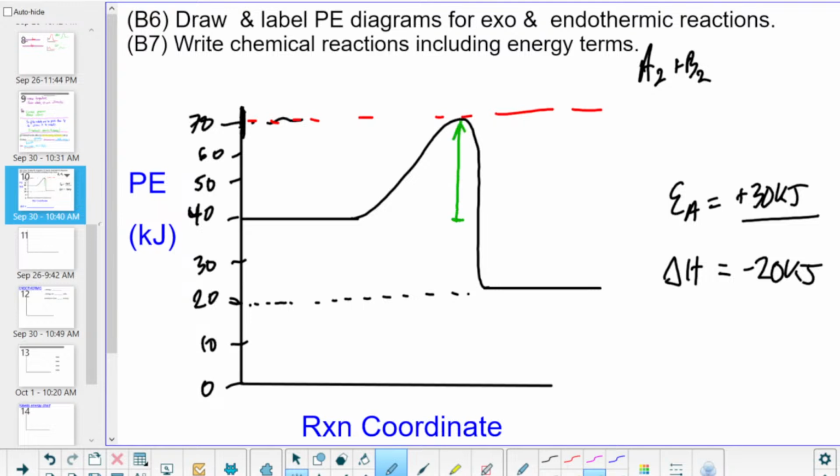So that is our energy of activation there. And this distance, if I just keep this going here, down to there, that is delta H equal to negative 20 kilojoules. This is what makes this an exothermic reaction.